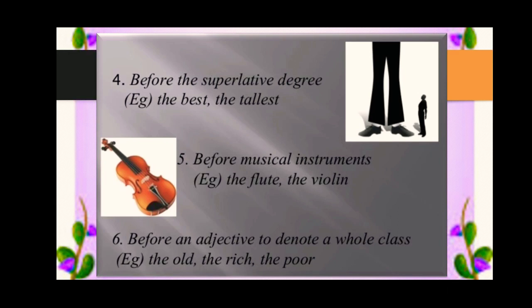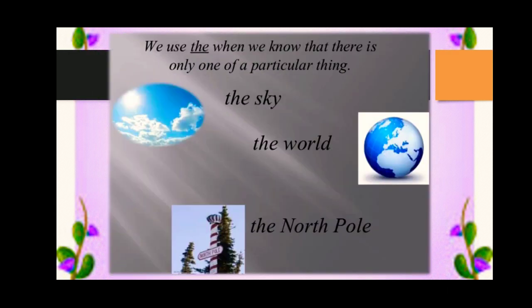That means here we are not talking about a particular person, but one person is representing its whole class. And we use the when we know that that thing is one of a particular kind. So we would say the sky, the world, the North Pole, etc.